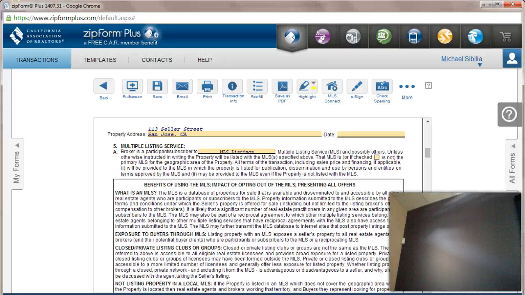So, it says, unless otherwise instructed, property listed with the MLS above. That MLS is, or if checked, is not the primary MLS for the geographic area of the property. So let's say the property is in Fremont. All right, can I list it? Yes.